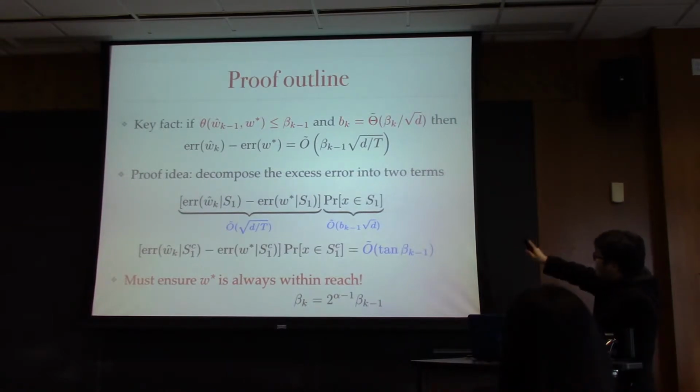The key fact is that the excess error of the k-th round is upper bounded not only by the square root of d over T, which is known by VC type arguments, but also there is an extra factor of beta_{k-1} in front of this term. As we decrease the search space beta_k and the margin b_k, we have the hope that this excess error will be better and better as we continue with this algorithm.